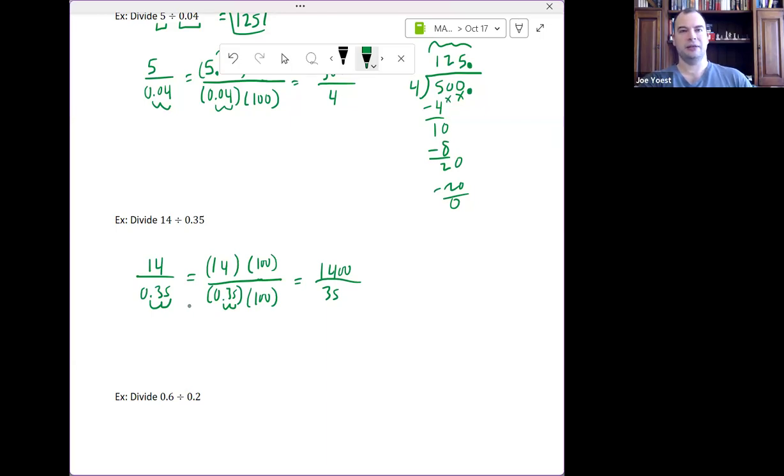The other way that I could think about this is I could think about it as just a fraction now with whole numbers in the numerator and denominator. I see the 35 as, say, 7 times 5, and I could think, well, 1400, that's kind of like 200 times 7, right? That's like 2 times 7 times 100.